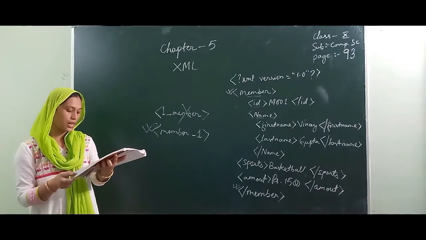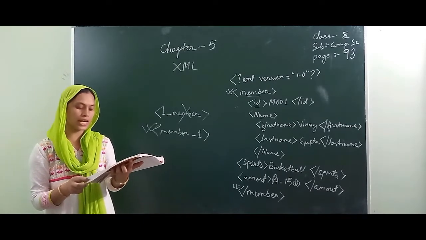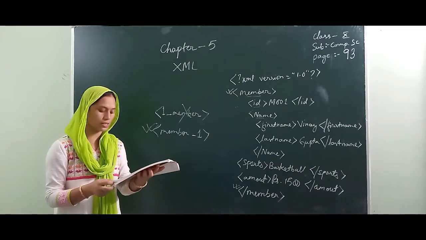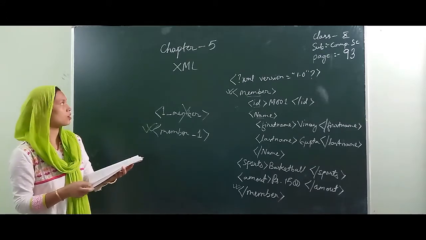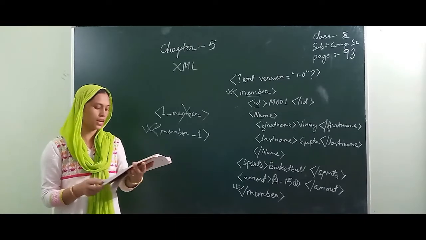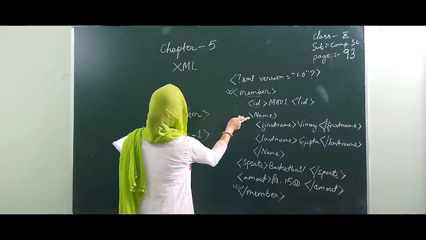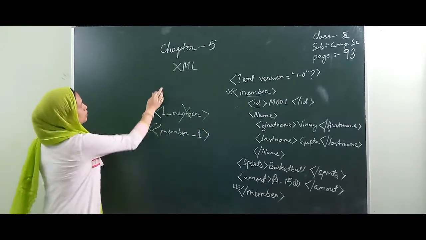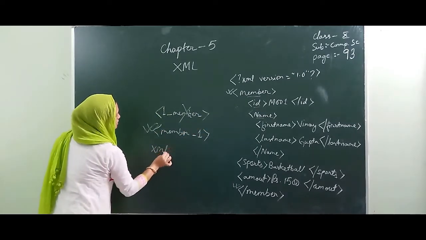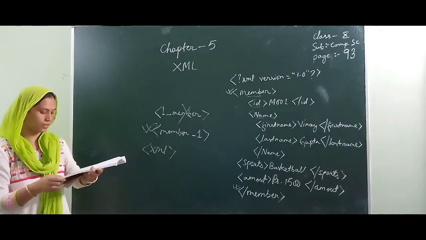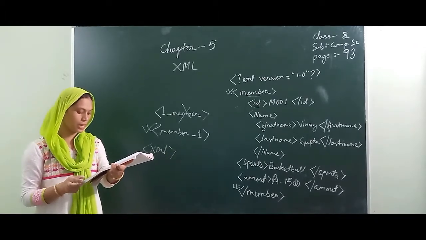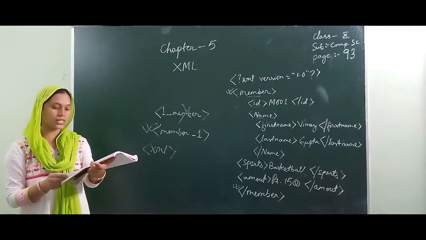Next point, a name cannot start with the letters XML, whether in capital letters, mixed letters or small letters. That means you cannot start a name like member, ID or name with the XML word itself. And the last point, a name cannot contain a space.